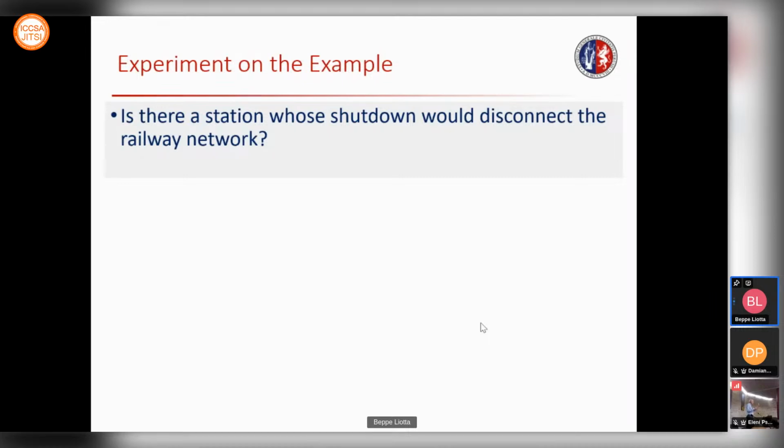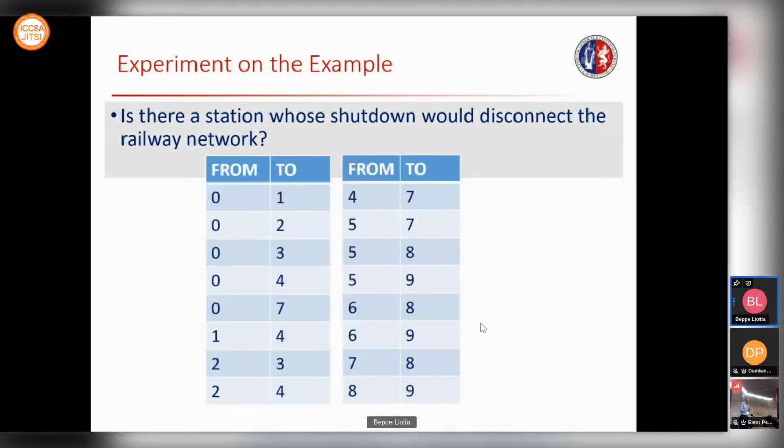Which means that if the railway station is shut off, then there are some portions of your railway network that are disconnected from others. You cannot go from A to B because you had to pass through the shutdown railway station.